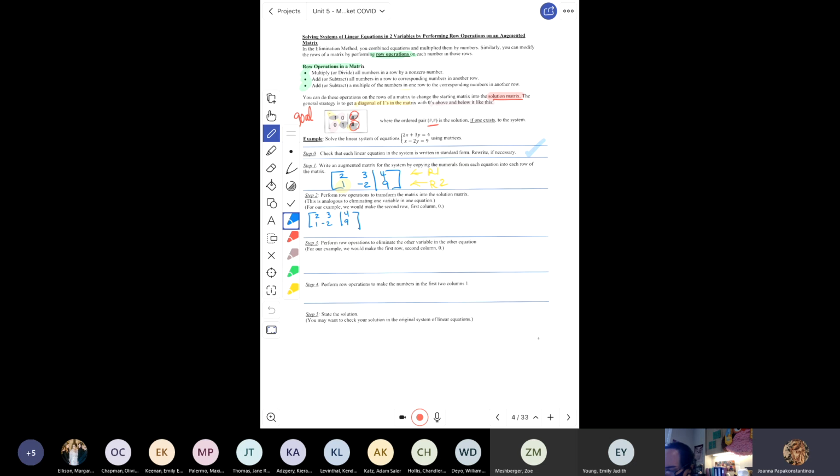So if I'm trying to get a 0 where that 1 is, well, I'll tell you the first step. I would maybe multiply -2 by row 2 and add it to row 1. If I perform this row operation on this row, I'm going to get a new row here.